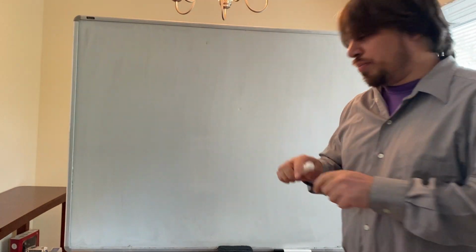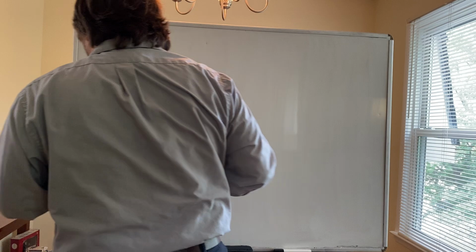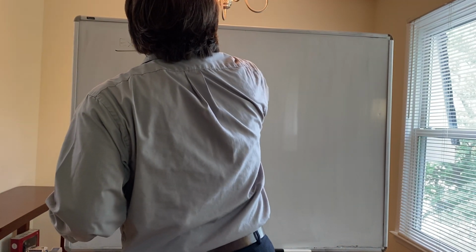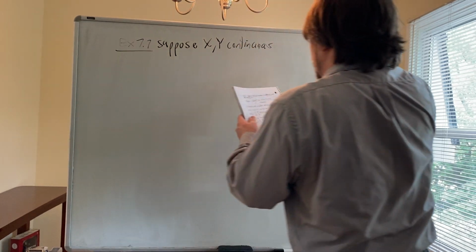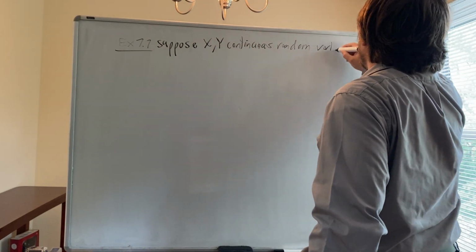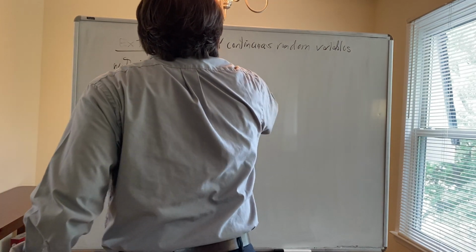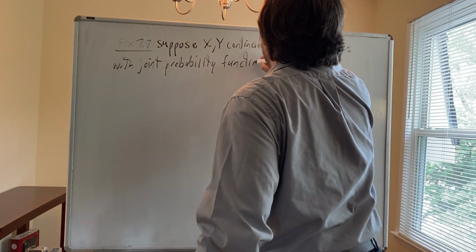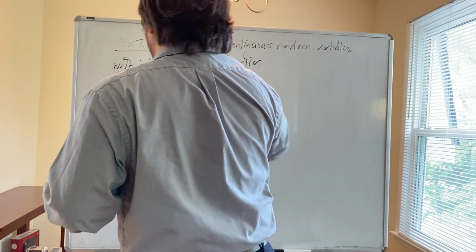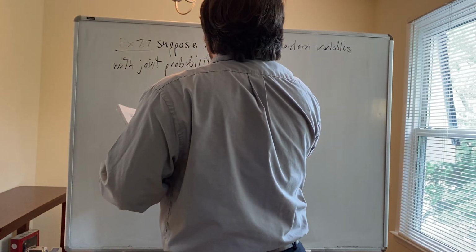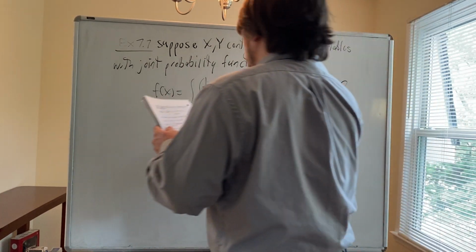I'm going to start this video off with example 7.7. Okay, so let's do parts A and B. Suppose X and Y are continuous random variables with joint probability density function f of x, y equal to 1/2 x e to the negative y for 0 less than x less than 2, y positive, and 0 elsewhere.